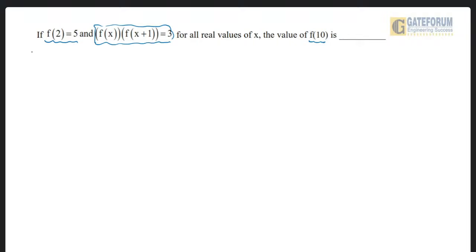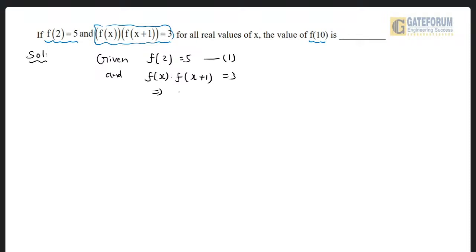Solution. Given f of 2 is equal to 5, and f of x into f of x plus 1 is equal to 3, which is a recurrence relation.